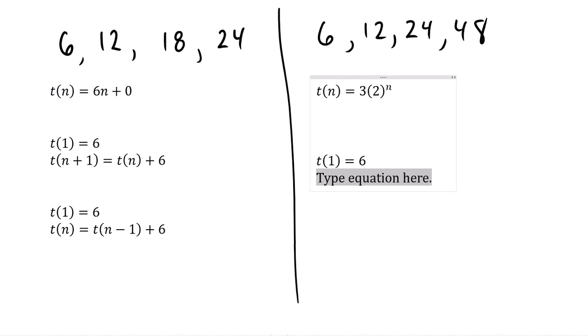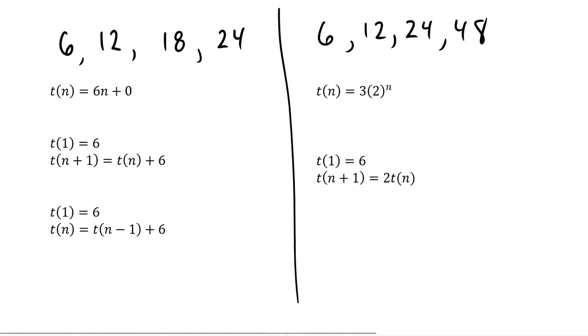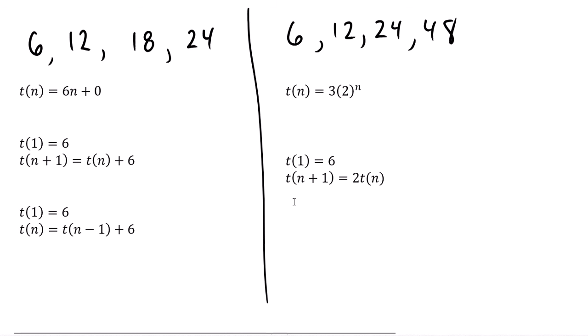To get to the next term in the sequence, we take the term that we're at, and we multiply that by the number 2. I guess I'm going to put a 2 here, 2 times that. Maybe I'd put it like this, 2 times t to the n. Looks a little ambiguous to me.